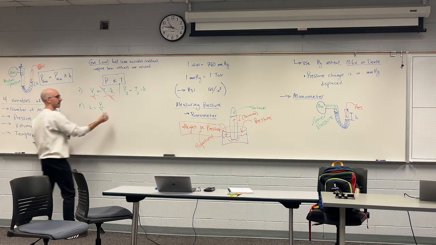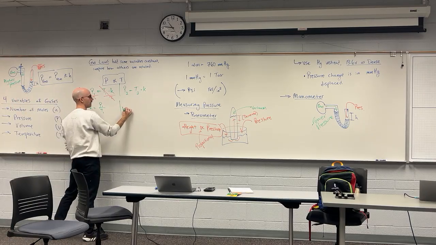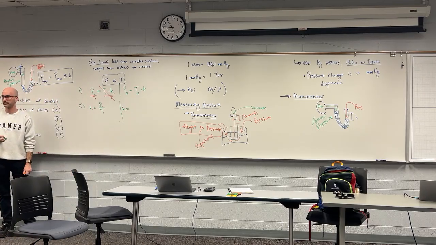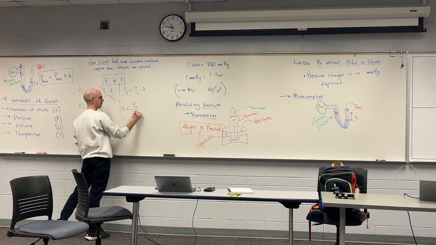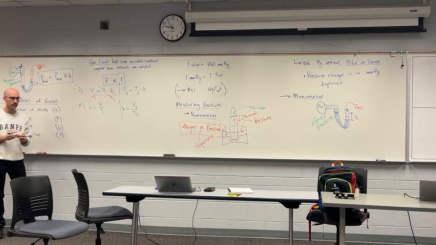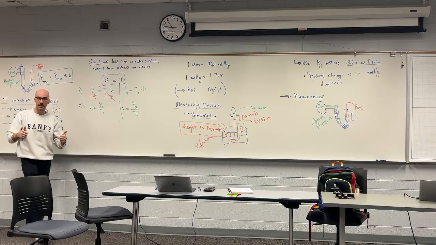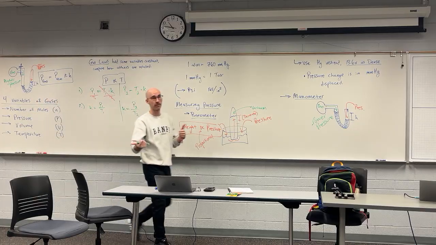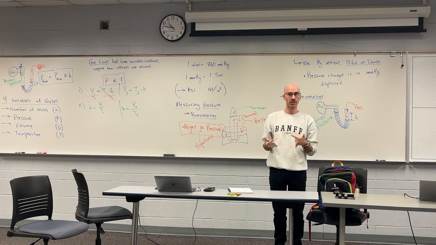Can I do the same thing on the other side? Can I set this equal to this constant k? k equals P2 over T2. Okay, if the ratio of pressure to temperature is equal to k in both of these instances, I measure the temperature outside and the pressure of my car tire in the summer, and then I come back and I measure the temperature outside and the pressure in my car tire in the winter.